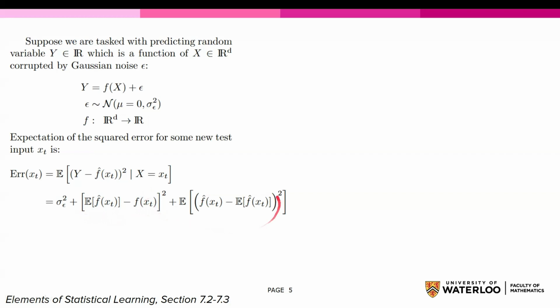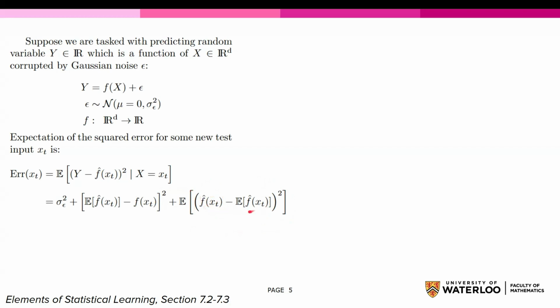And then for this last term, we take the expectation of the squared differences between a particular prediction, f hat of x of t, and the average over predictions.